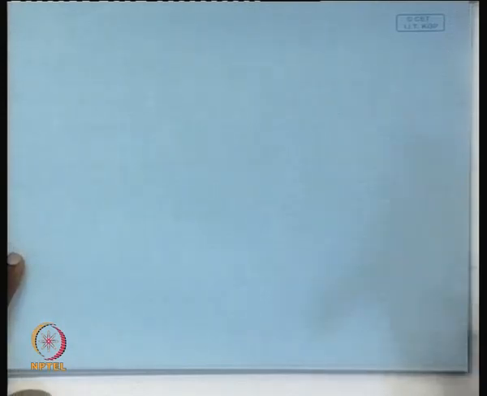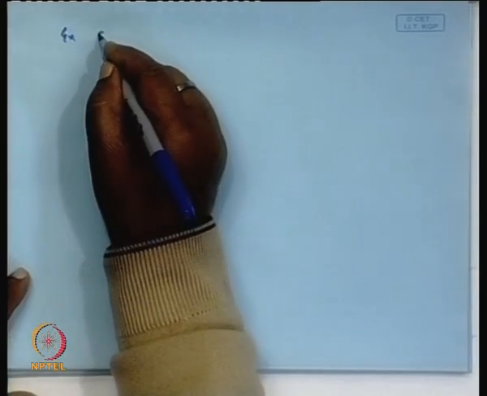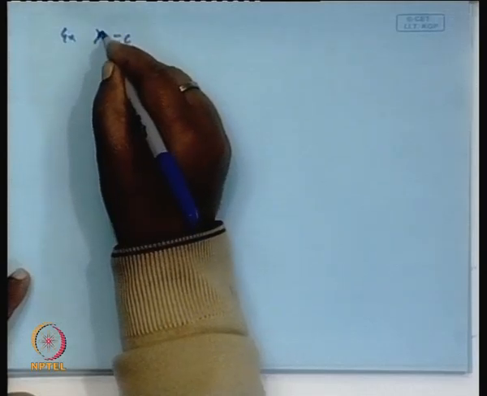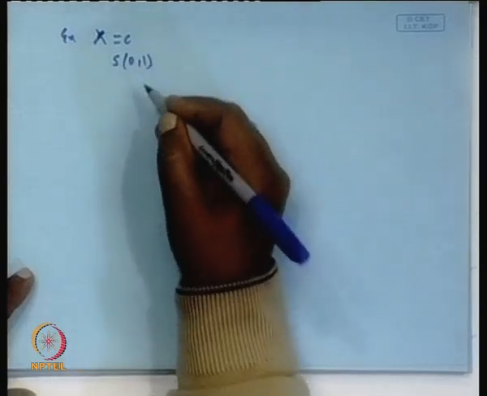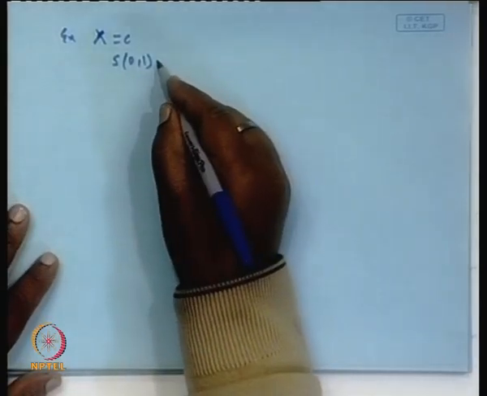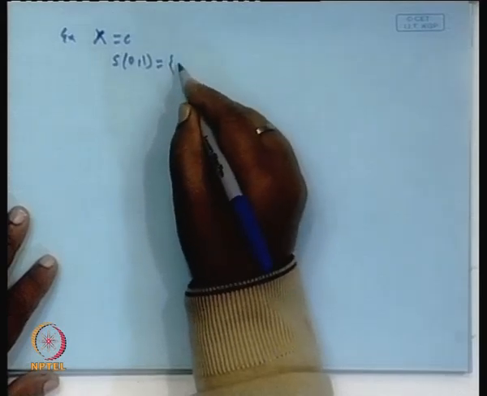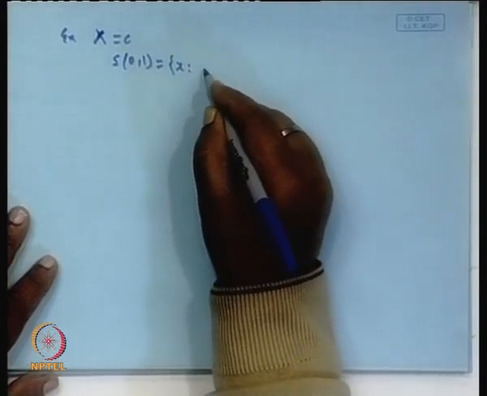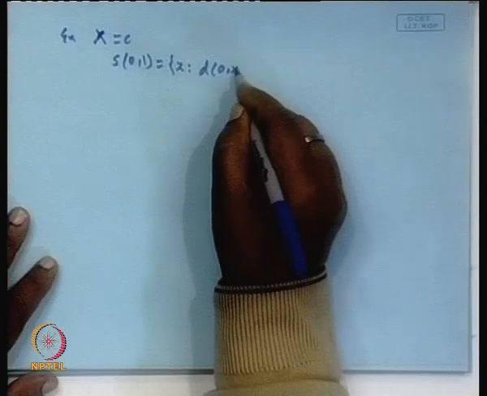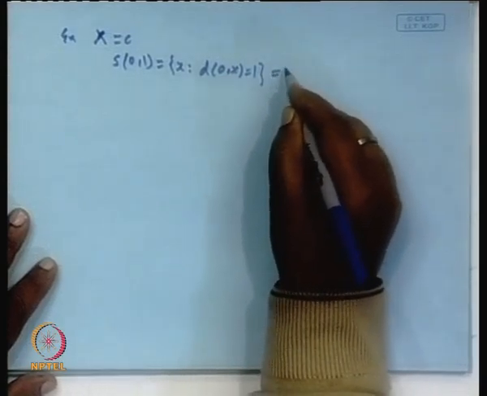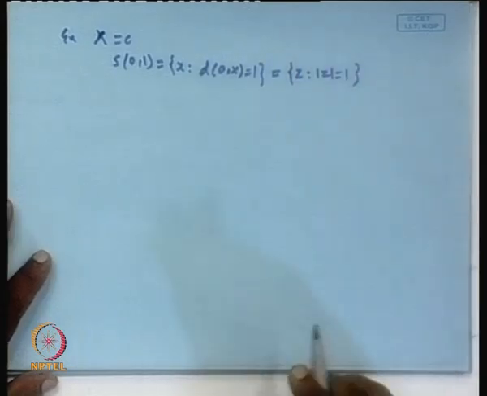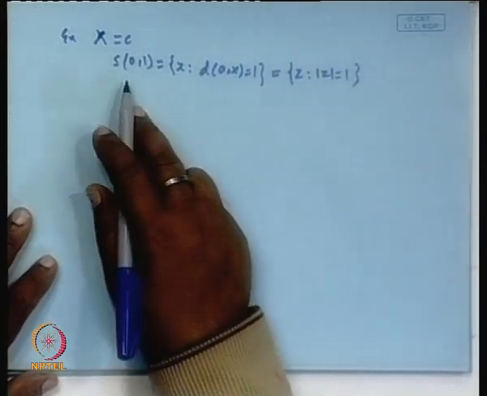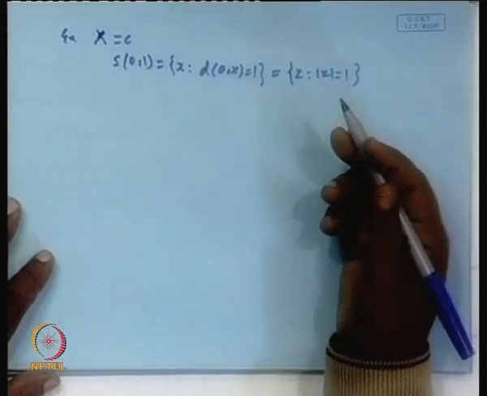Suppose I take X equal to the set of complex numbers, and the sphere centered at 0 with radius 1, the set of those points whose distance from 0 is 1, then this is nothing but the set of all those complex numbers z where mod z equals 1. Okay? And similarly, if we take the open ball, it is mod z less than 1, and like this.